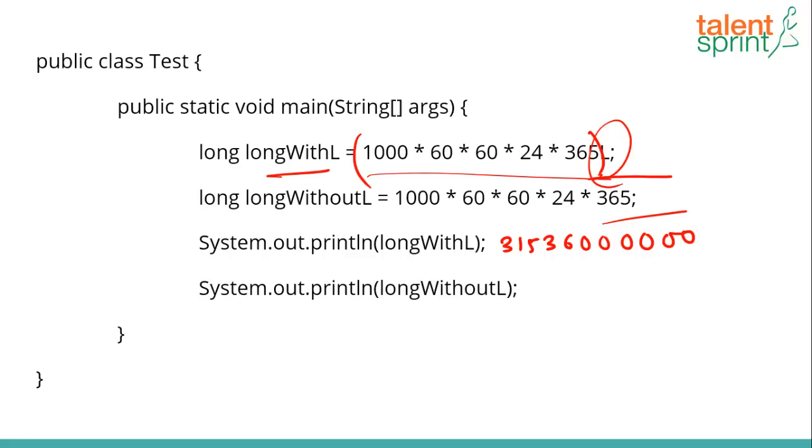But without L, if you don't explicitly specify that it is a long variable, even though you are storing it in long, these are all integers, right? So when you multiply integers and they go beyond the boundary of the variable that an integer can hold, it starts truncating it. Okay?